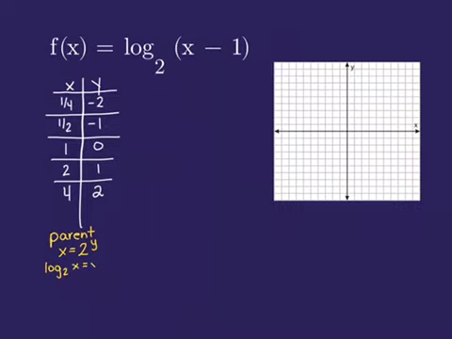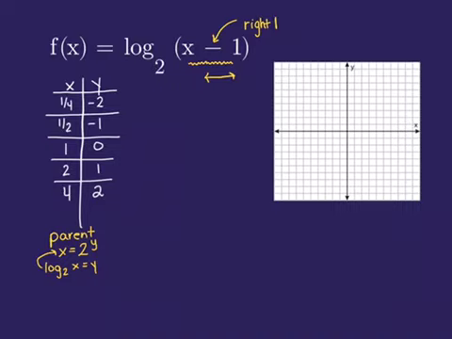So we're going to start with that parent function. And then this -1 is grouped inside parentheses with the x. So this is a left or right transformation. Because that's a minus sign, it means it's going to shift everything to the right one.